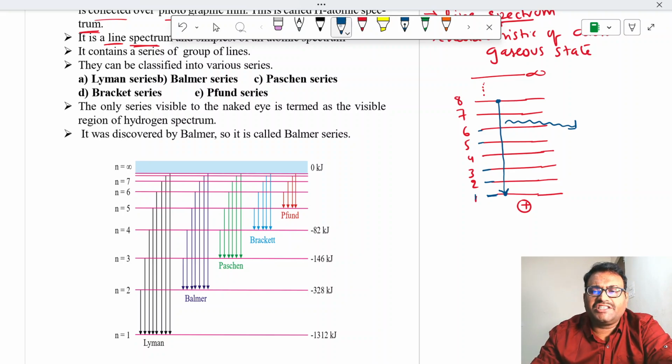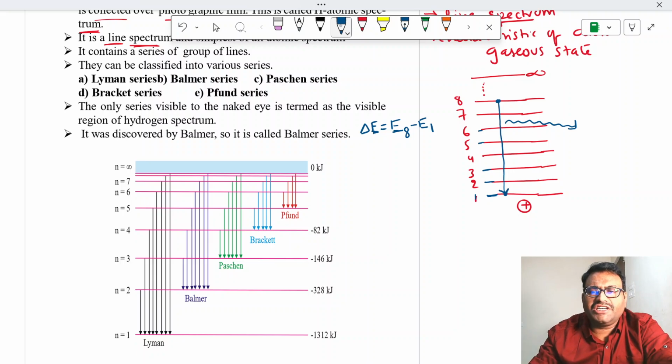That released energy will be the difference of the energy levels of the 8th and first energy states, which can be understood as delta E, that is, E8, the higher energy, minus E1.